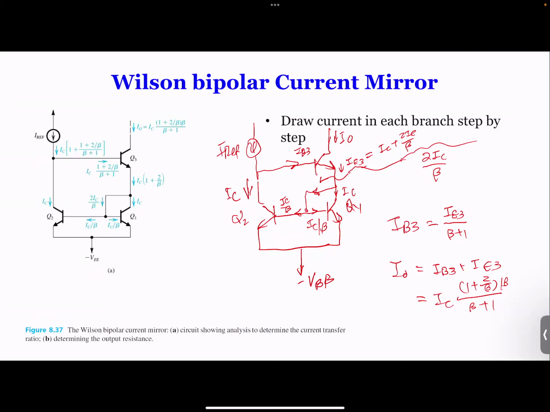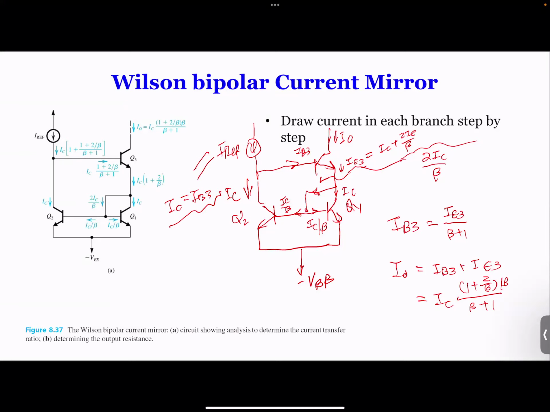Now the reference current over here, I reference, is going to be IC plus this IB3. So you can see here that I reference and IO are slightly different. They're not exactly the same.